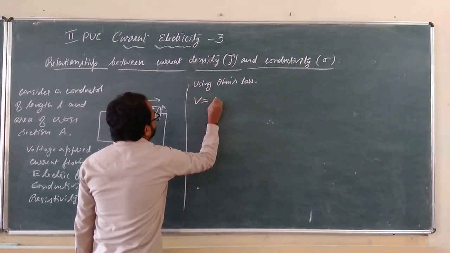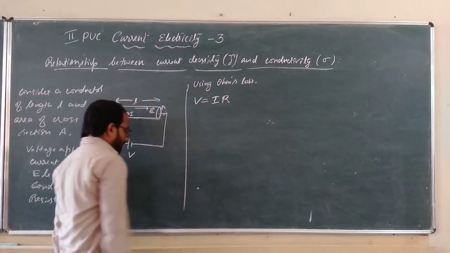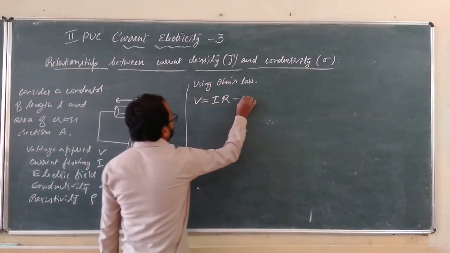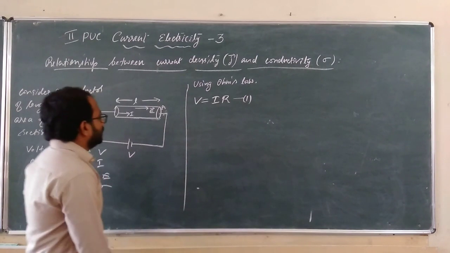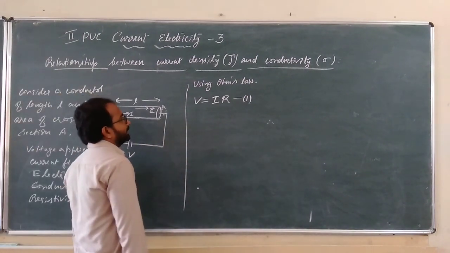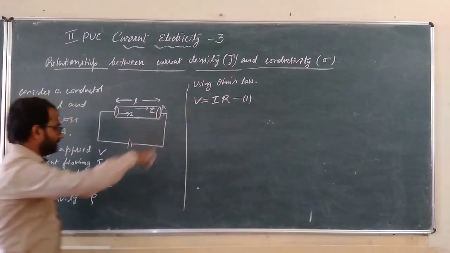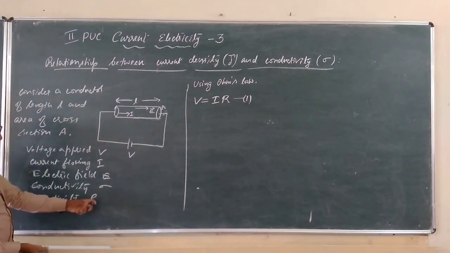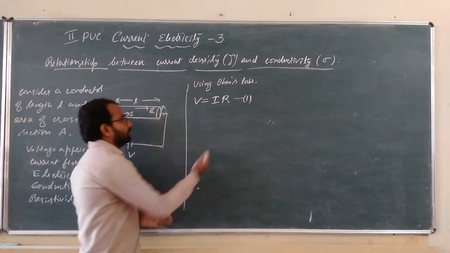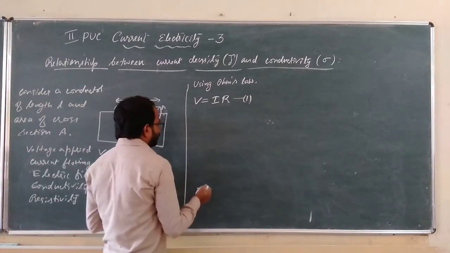Using Ohm's law, I can write V is equal to IR, since V is the potential difference applied across the ends of the conductor and I is the current flowing through it. Now what is the resistance of the conductor? I have to define resistivity also. So how to relate R with sigma or rho?